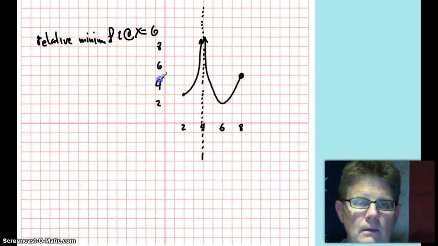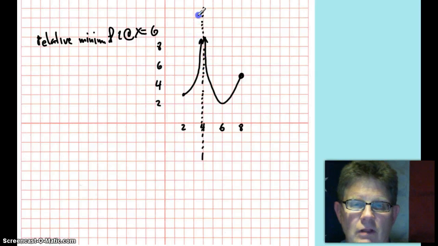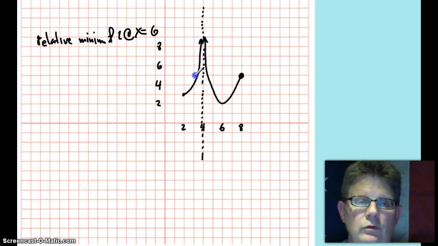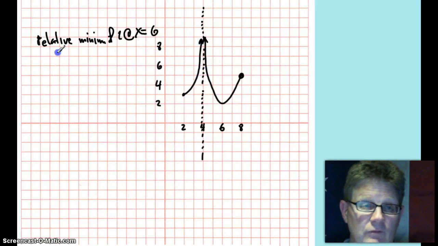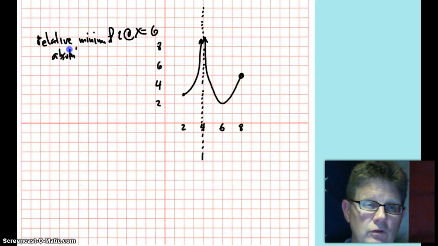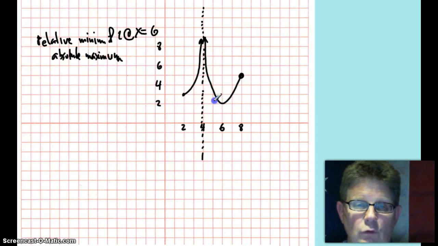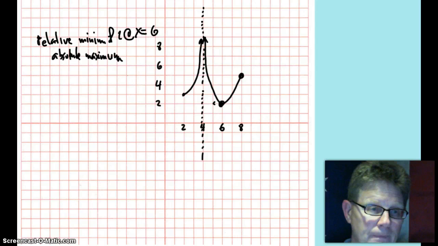Okay, because of this vertical asymptote and these approaching that, we will never find an absolute maximum, but that relative minimum is also the absolute minimum, because it is the lowest point on that interval. That's also the absolute. Let's keep on moving forward.